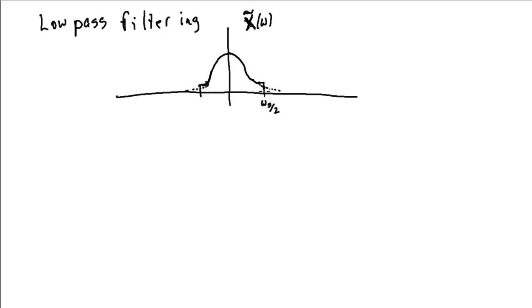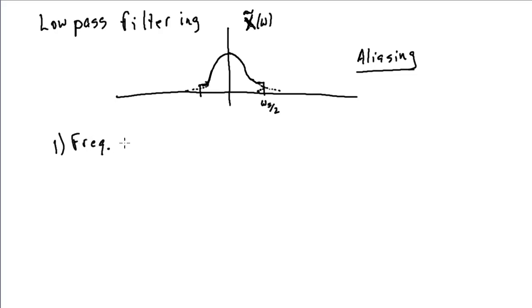Those frequencies above omega s over 2 are said to be folding back and causing then distortion in frequencies below omega s over 2. So this undersampling, the term that's used is aliasing. It actually causes distortion in two ways.